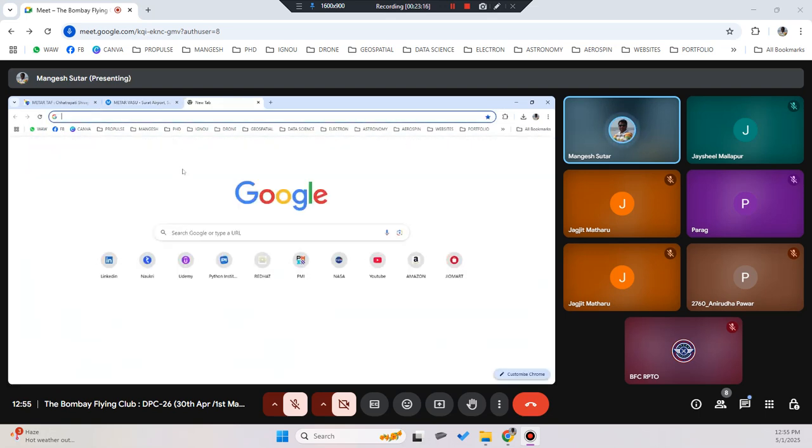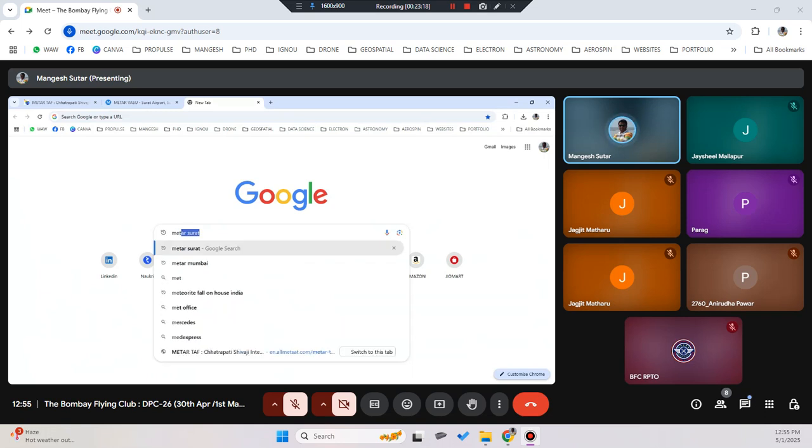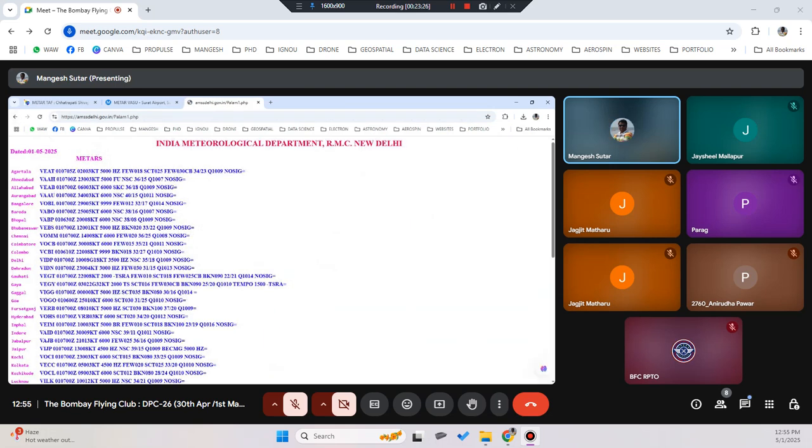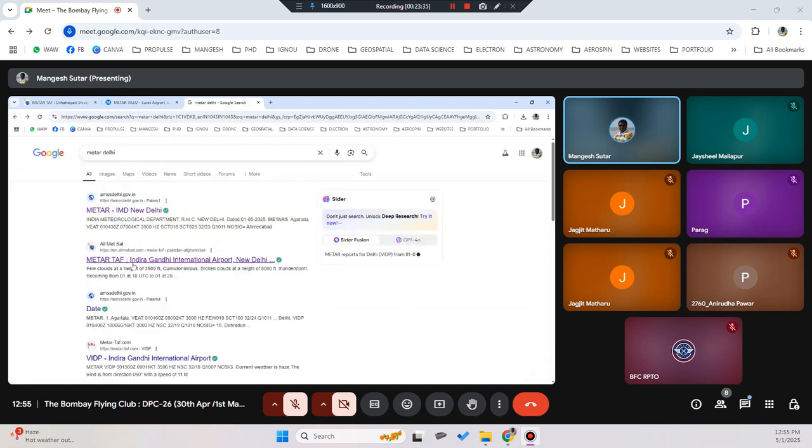Let's see another example, METAR for Delhi. See, this is how the METAR used to come earlier. Until you know how to read this statement, you will not get it. Or else you can go to AllMetSat.